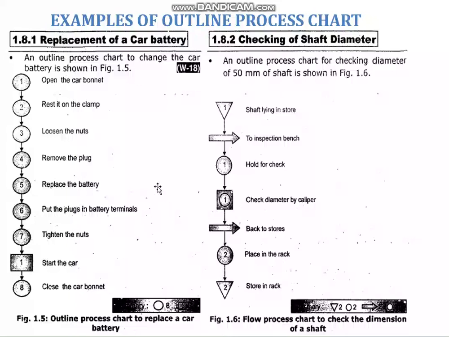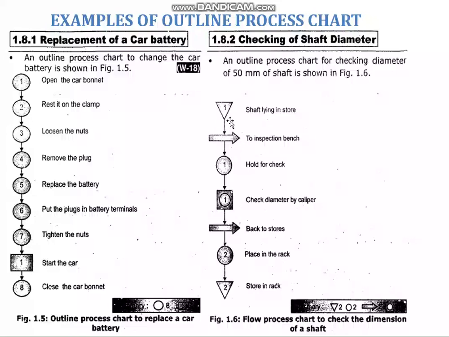Now, is this an outline process chart? Can you tell me? Here they say outline process chart, but is it one? No. Why? Because in an outline process chart, the arrow, the triangle and such symbols should not come.